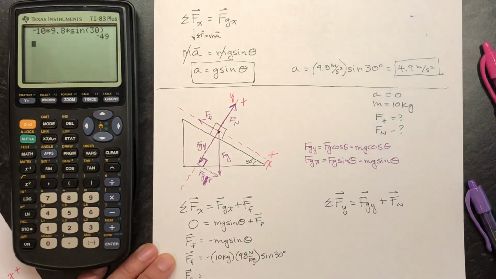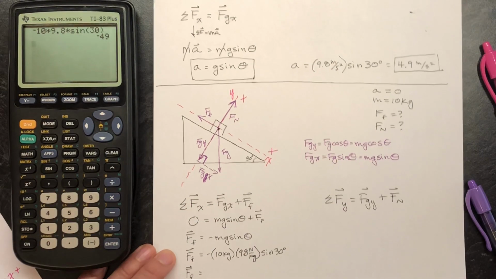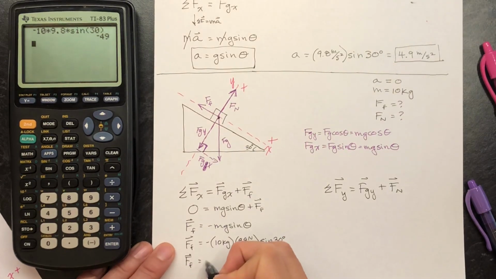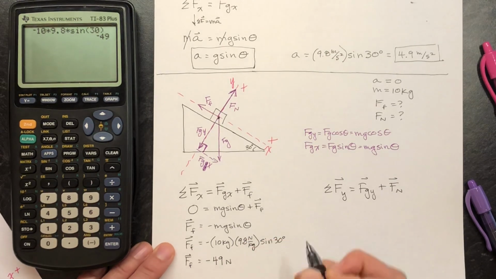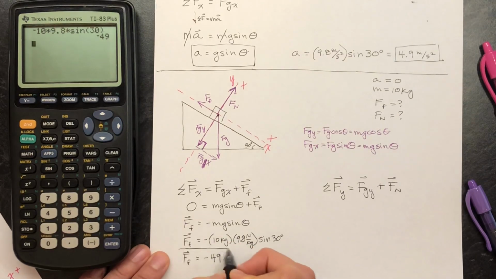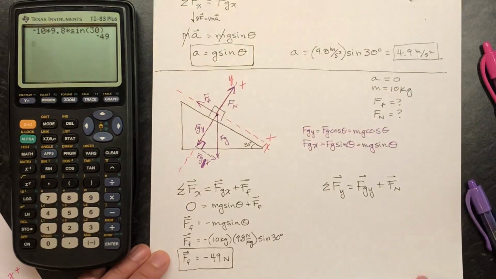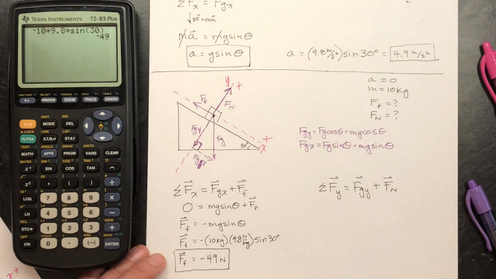Make sure you're in degrees when you do this, because if you're in radians, you won't get the right answer. And once again, I could have done that in my head. So we have negative 49 newtons. And then always double check yourself on the sign. The force of friction is in fact acting in the negative x direction, so it should be negative.